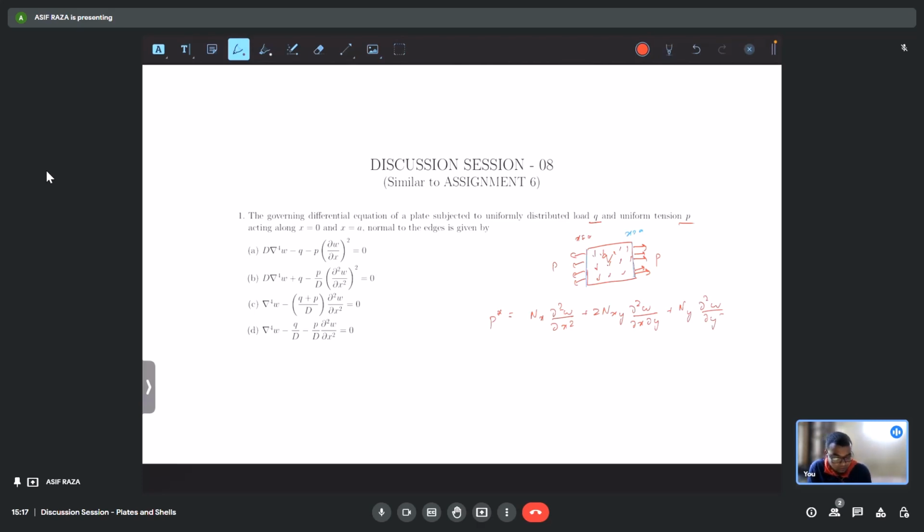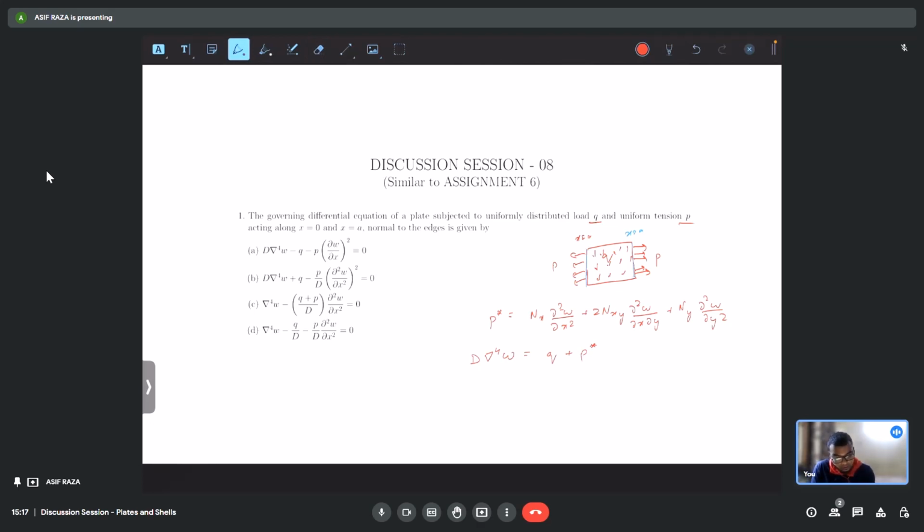So as a result, the plate equation changes to D del to the power 4 w plus p star.